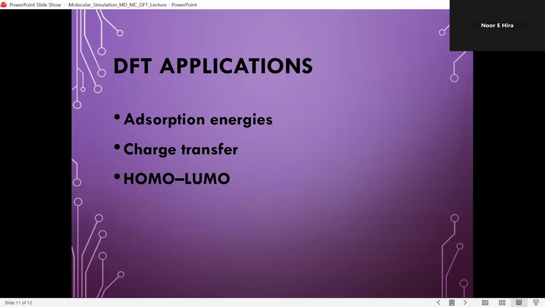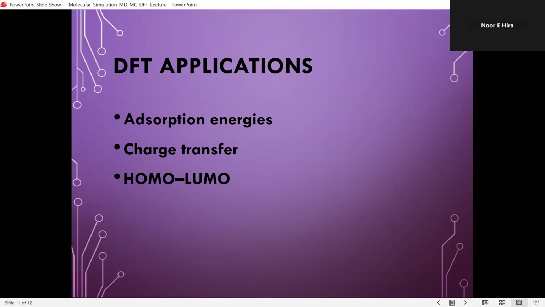So what and where can we use DFT? What are the applications? First of all, DFT is particularly useful for understanding electronic level phenomena. Adsorption energy calculation reveals how strongly molecules bind to the surface, like whether it is chemisorption.